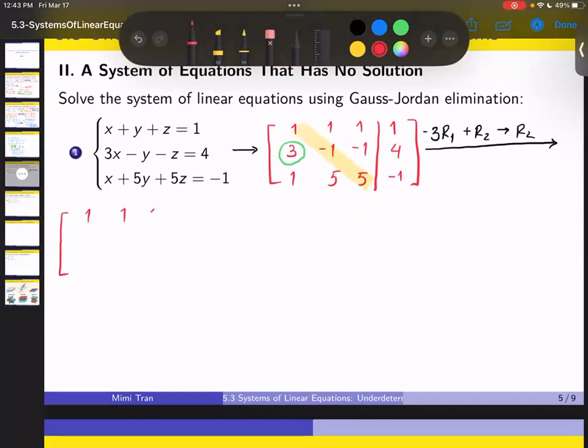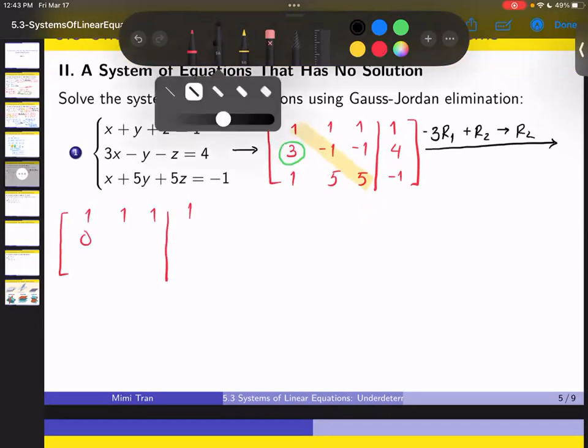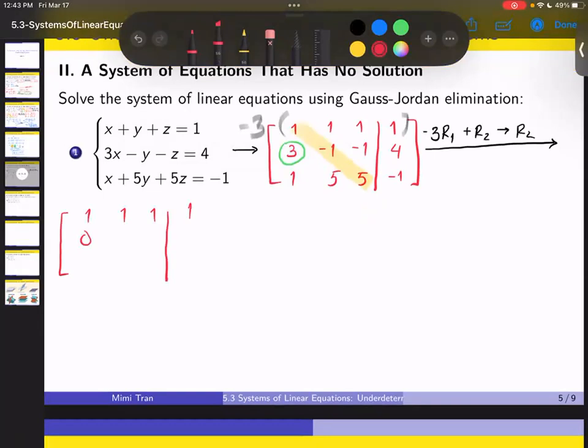The first one stays the same. 0. Let me do it like this, and add down. -3, -1 is -4. -3, -1, -4 again. -3, +4 is 1.